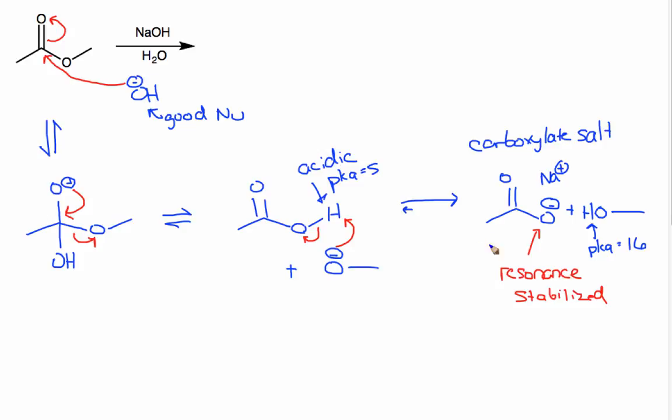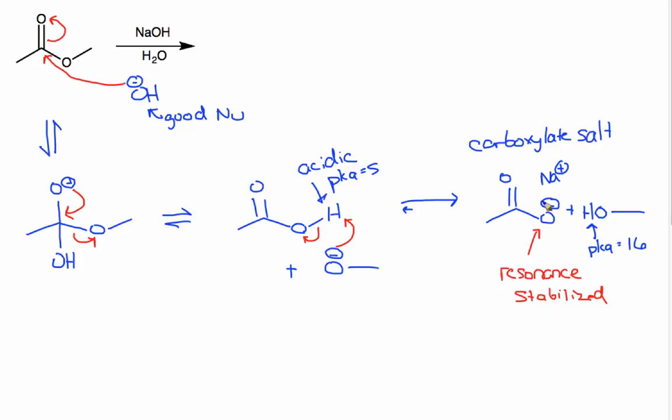So that's why it's definitely favored to go to the right in this case. Now under these conditions, really what we've done here is a saponification process to form this carboxylate salt. And with these conditions, we're done here. Okay, this doesn't go any further. All of the product gets converted to this carboxylate salt, and you can't do anything else.